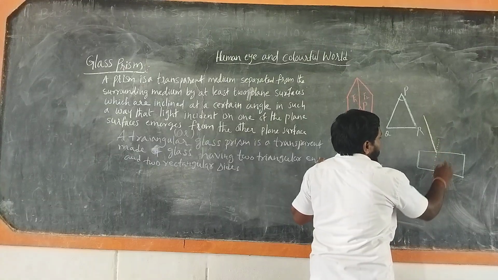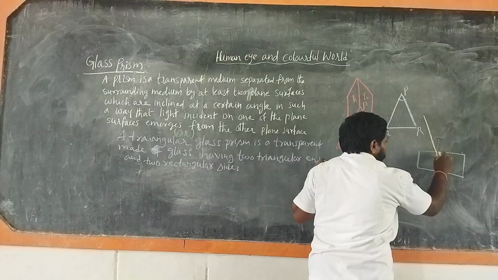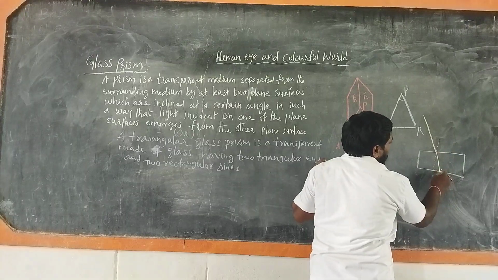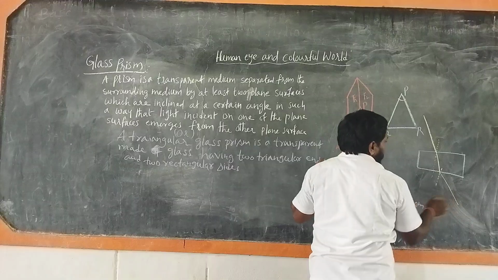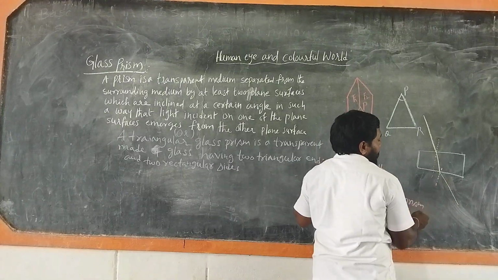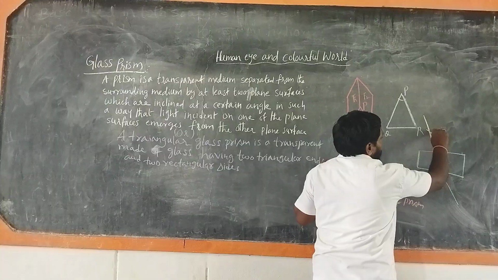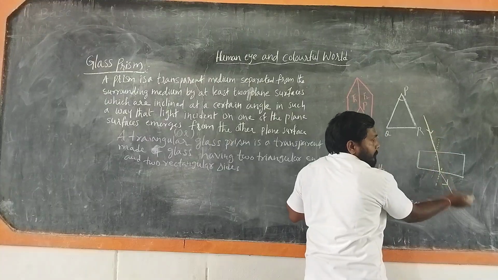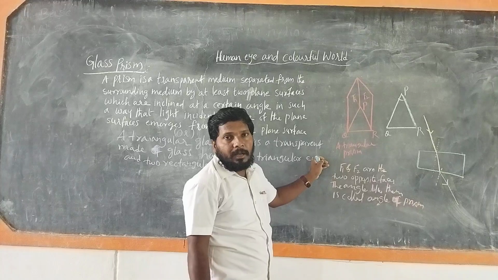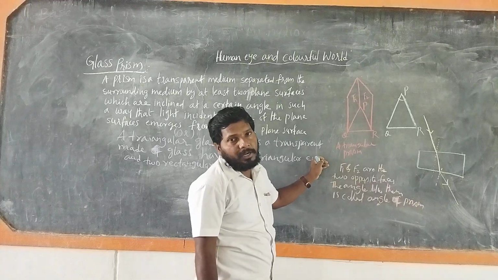It refracts, and again it refracts. In the case of a glass slab, the ray which comes out of the slab we call the emergent ray.